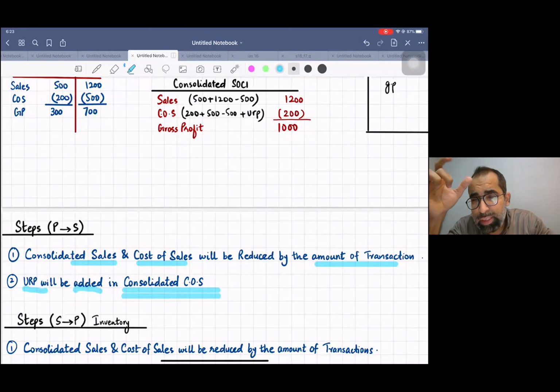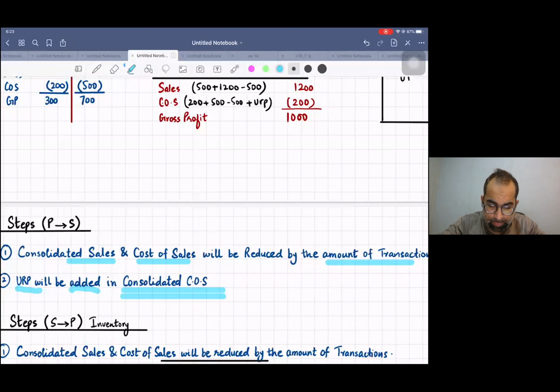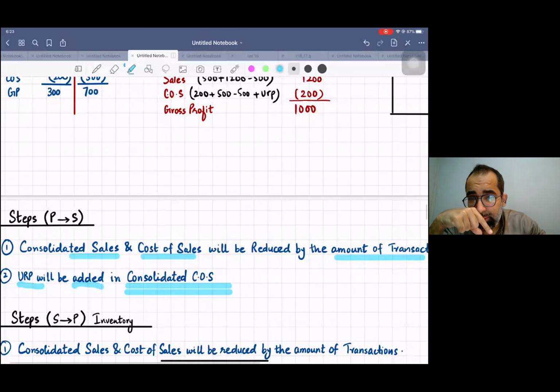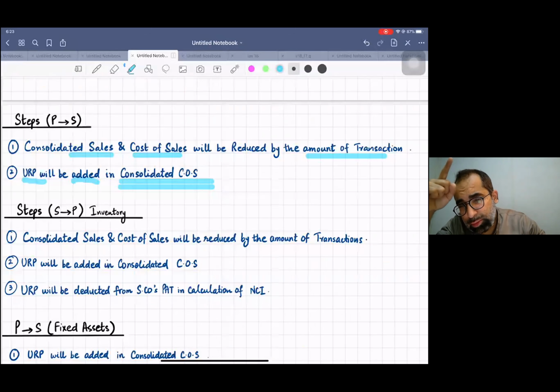And when you increase the consolidated cost of sales, automatically the consolidated profit will go down. Okay. So there are just two steps in P2S sale of inventory and the income statement. Check it out, please. And believe me, again, this concept is linked to the concept which I gave you.